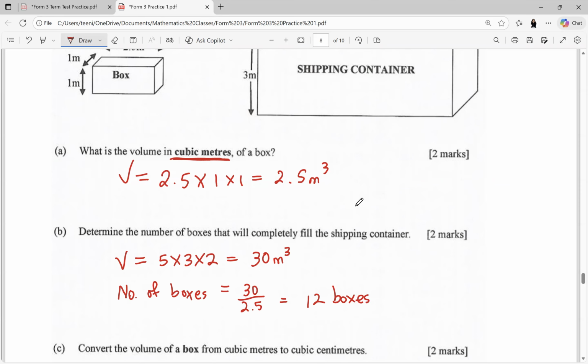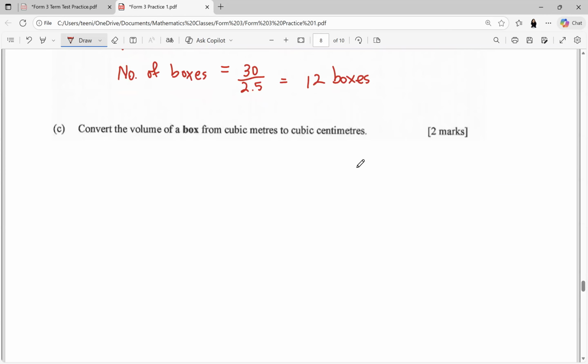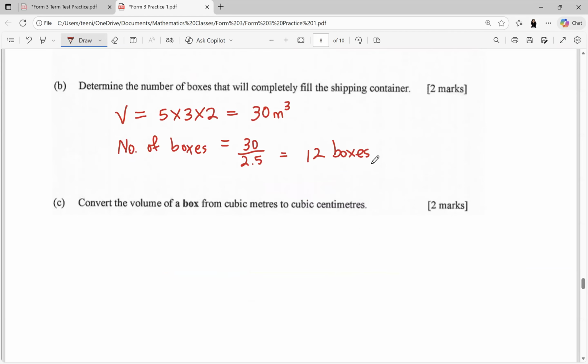Right. And now they want us to convert the volume of a box from cubic meters to cubic centimeters. So the volume of the box is 2.5 cubic meters. Now there are two ways to do it, right?